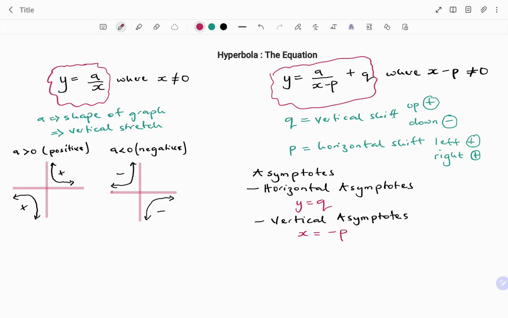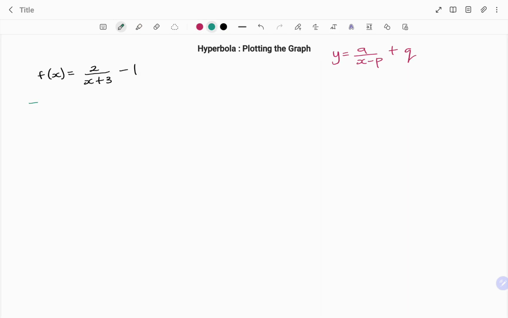Let's go ahead and look at an example. In this example, I'm going to show you how to plot the graph of a hyperbola. We have f of x equals 2 over x plus 3, minus 1. To start with, we need to determine the shape of the graph.